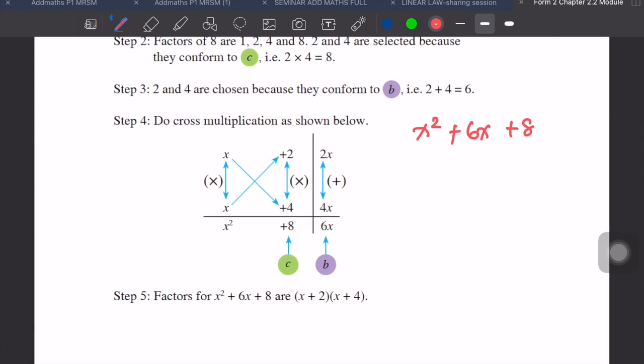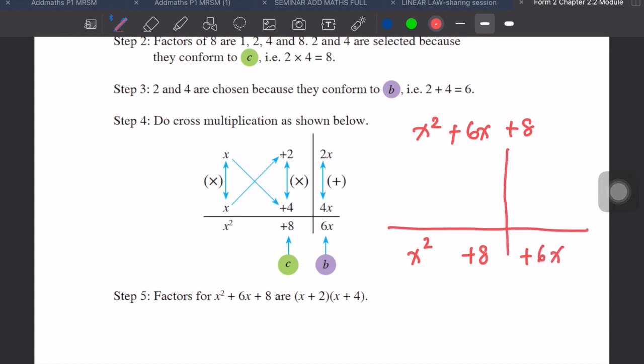Okay. First, awak buat x square. Okay, and then awak salin yang C belakang ni dekat tengah-tengah. Plus 8. Okay, sini. Plus 6x. Okay. Lebih kurang je. Tapi, saya terangkan satu-satu.